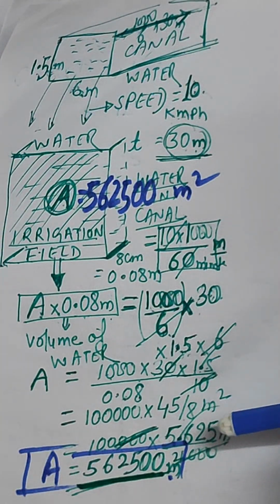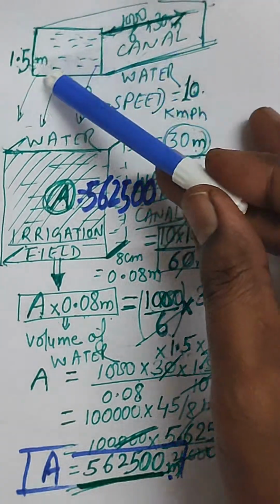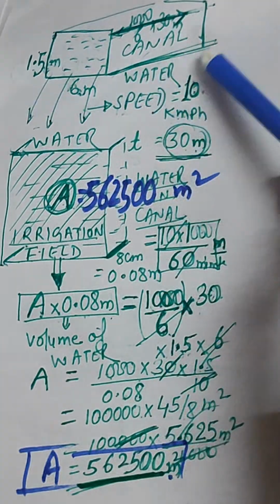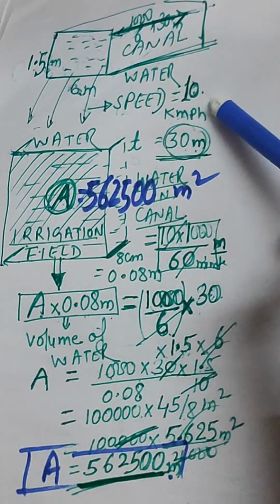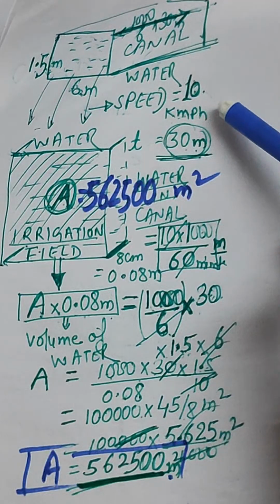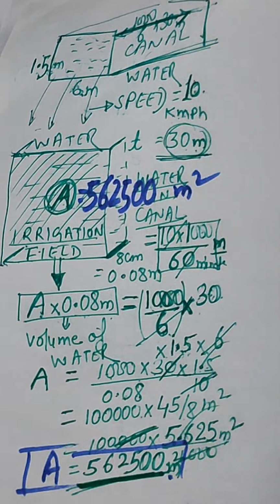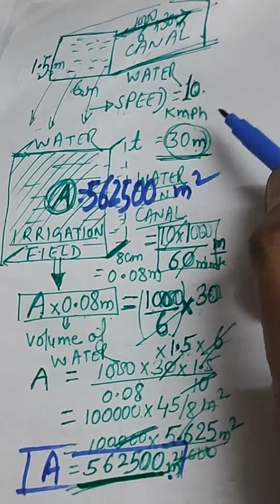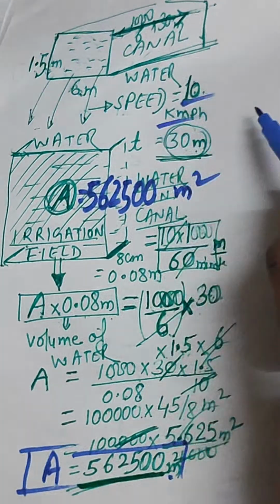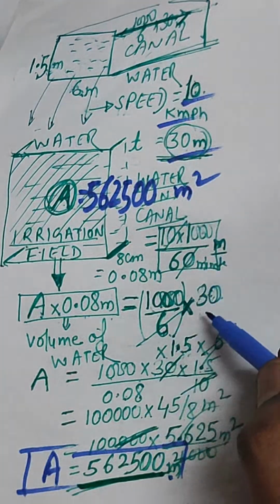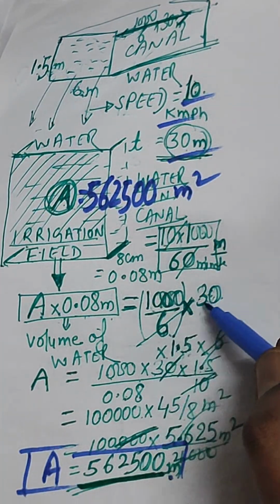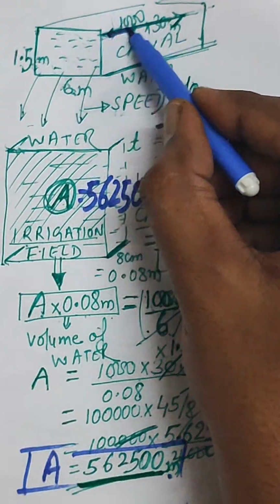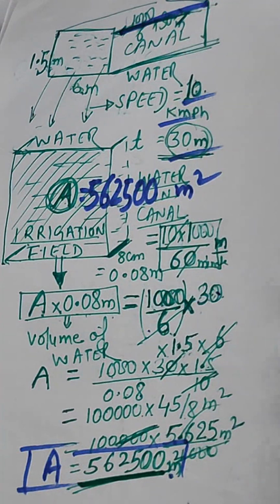Okay. And I think in this way we can easily solve such questions. So let me read out the question again. Water in a canal 6 meter wide and 1.5 meter deep is flowing with a speed of 10 kilometer per hour. How much area will it irrigate in 30 minutes if 8 centimeter of standing water is required? So here you can see water is flowing into the canal at the rate of 10 km per hour for 30 minutes. We calculated 1000 by 6 into 30. This is per minute into 30 minutes. This will give you the length of the water standing in the canal, right?